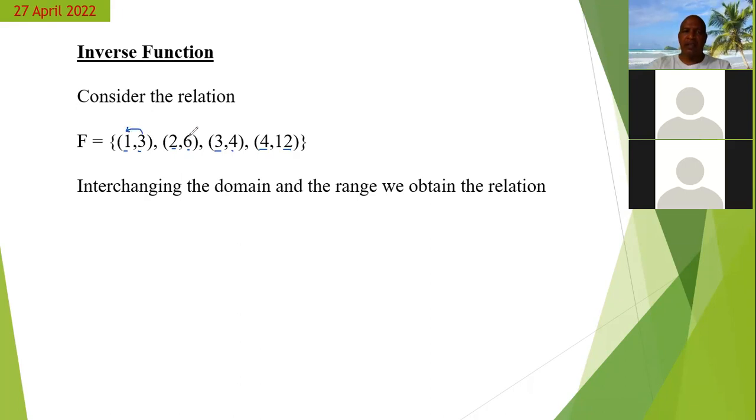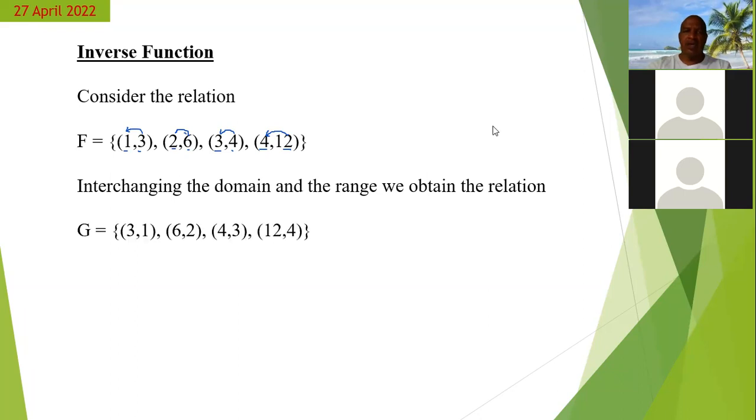Where you would have 2, it would be interchanged with the 6. Where you have 3, you would interchange it with 4. And where you have 4, you would interchange it with 12. That would be the effect of the inverse function.